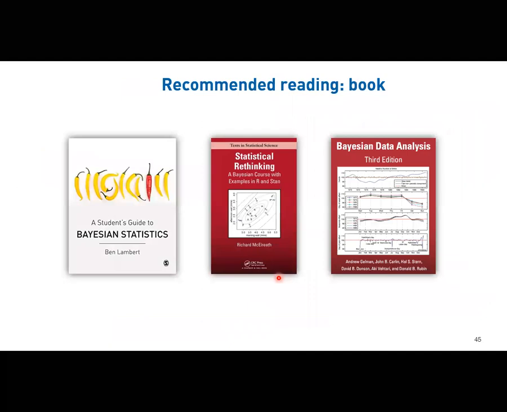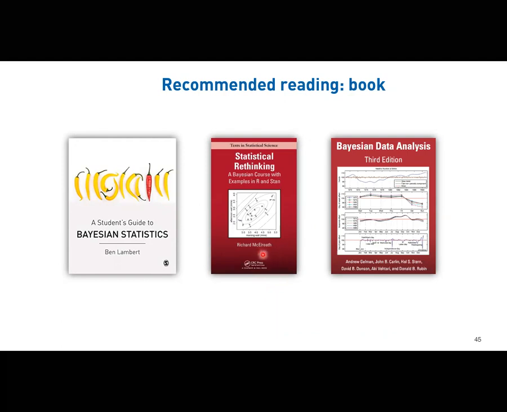And there are a few books to help you navigate through the process of Bayesian thinking and computational modeling. This one is pretty recommended. A student's guide is really easy to follow. And then this one is also very good, a little bit difficult, but with very helpful information in the book.